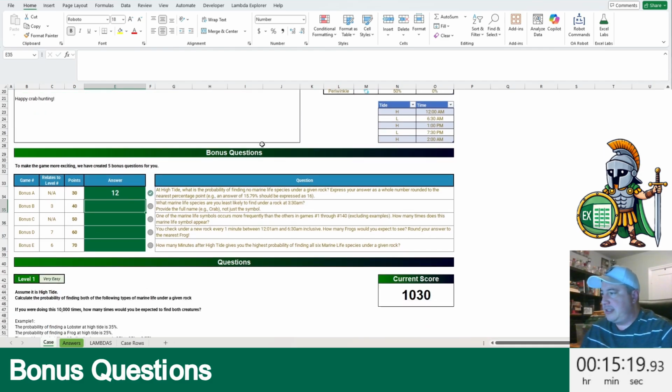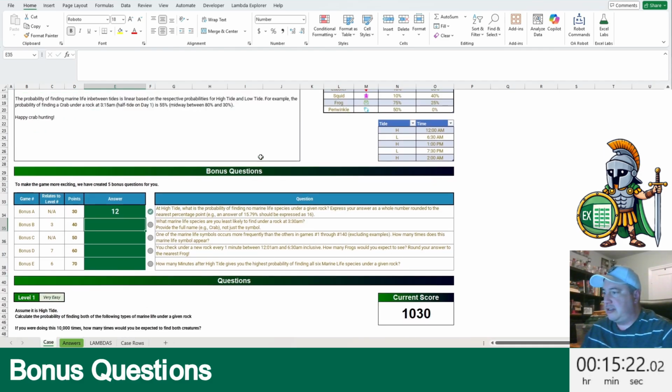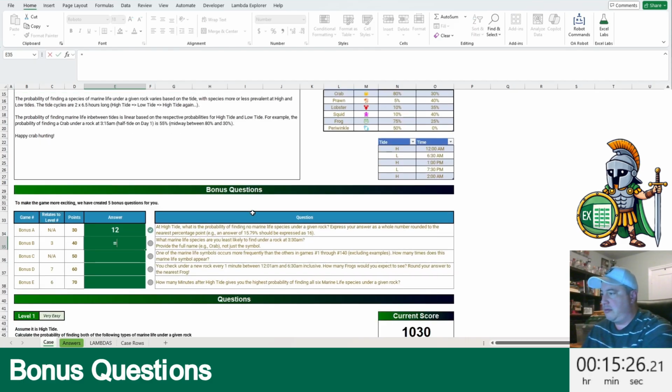What marine life species are you least likely to find under a rock at 3:30 a.m.? Okay, so then we'll say rank by, and I want to find the likelihoods. So I'm going to map T icon, lambda v, and then we'll just find the percents at that time.